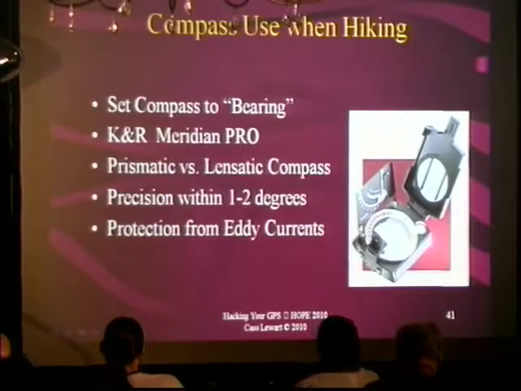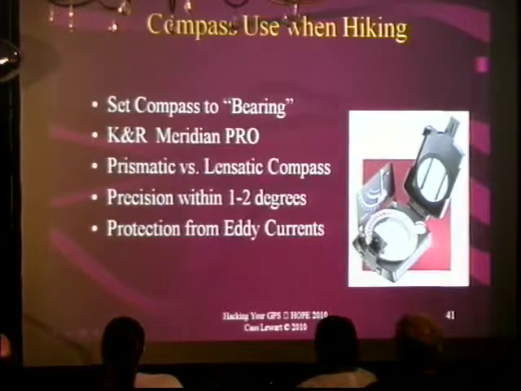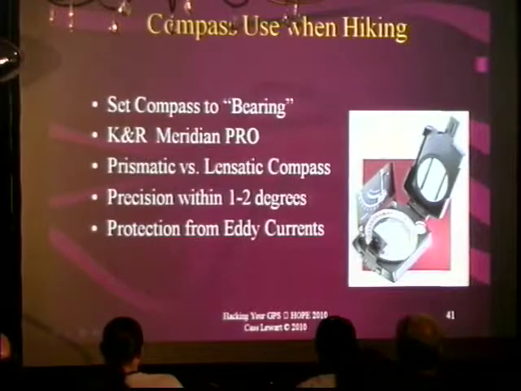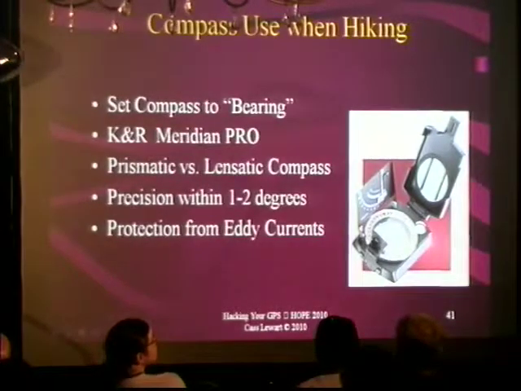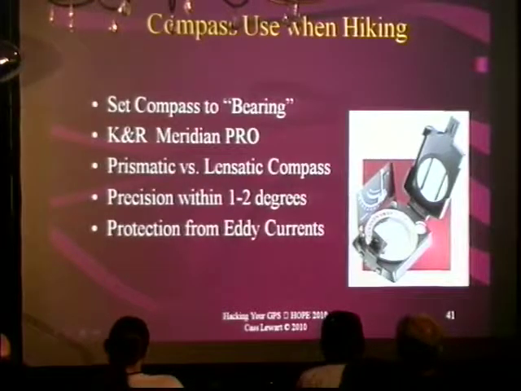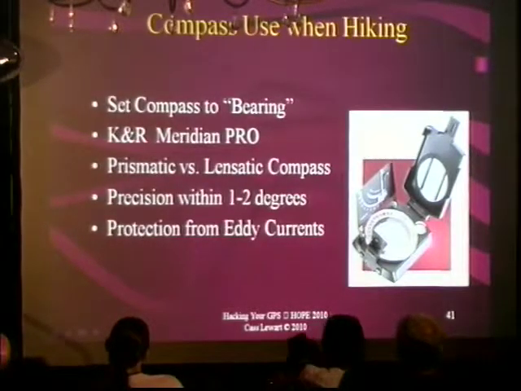It has a little prism in the viewer, so you can look at your destination as you turn your compass, and at the same time read the compass rose to within 1 or 2 degrees. If you can afford it, this compass is fantastic.